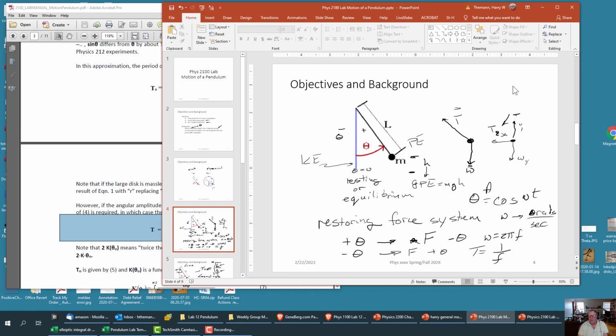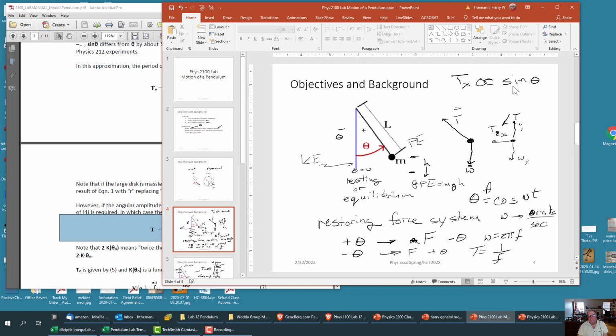So you can see how when I'm at the middle, there's no X component of the tension. It's just the Y component of the tension and the weight. But when I pull it sideways, as theta increases, the restoring force increases. So T sub x is proportional to sine of theta.